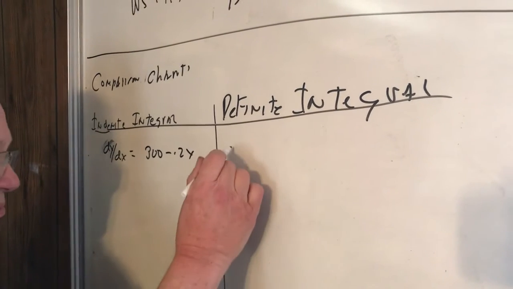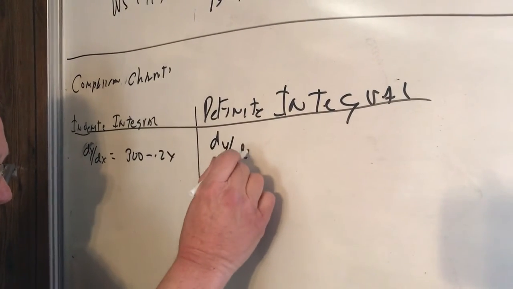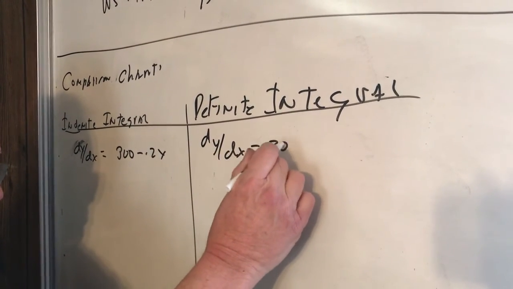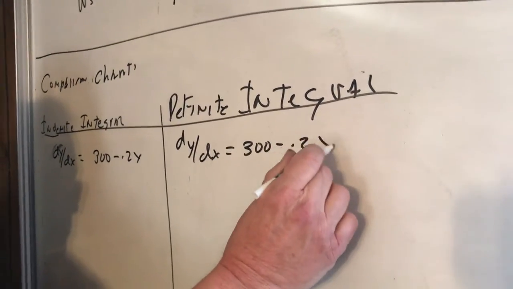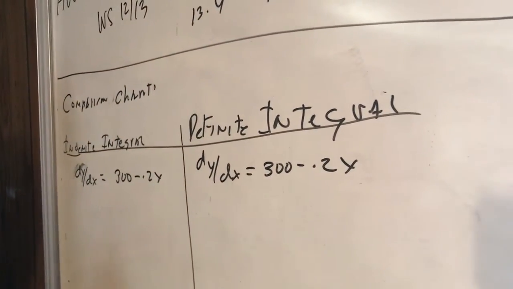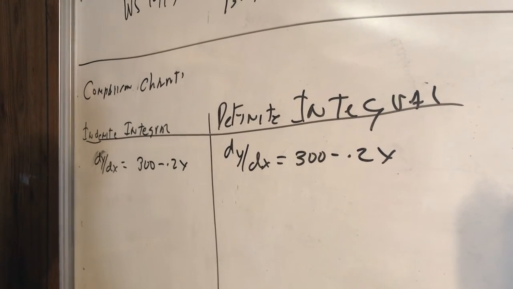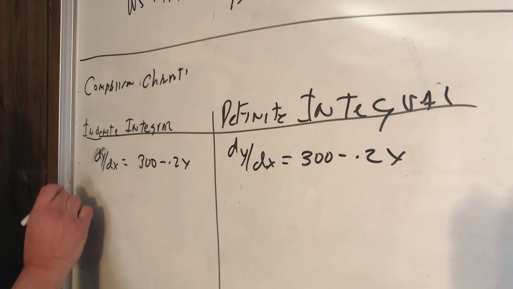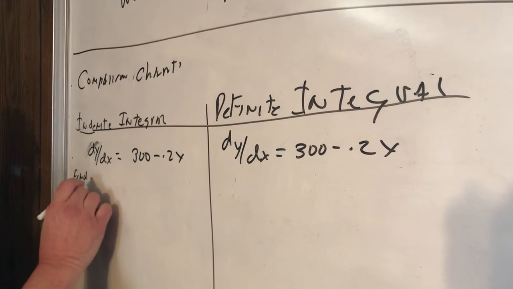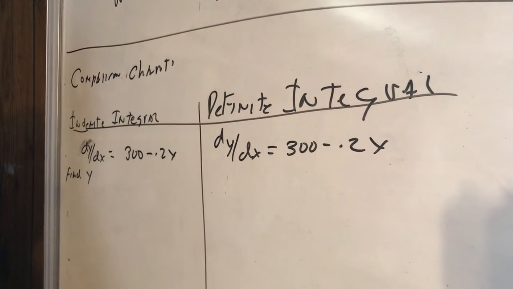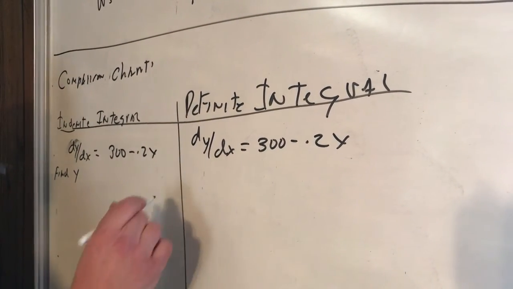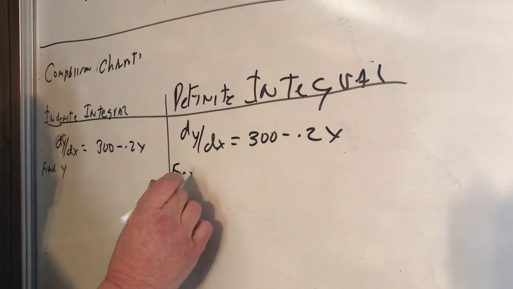Same thing here. Now, none of the integration rules change, just the procedure changes. So I want to find y. Okay, here I want to find y.